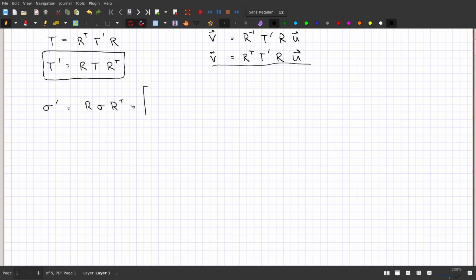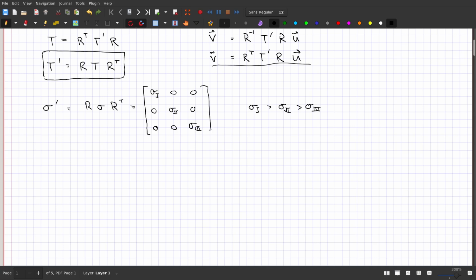And if you choose R perfectly, then we can get a matrix that looks like that, where sigma 1 is greater than sigma 2 is greater than sigma 3. So does anybody know what sigma 1, sigma 2, and sigma 3 are called?